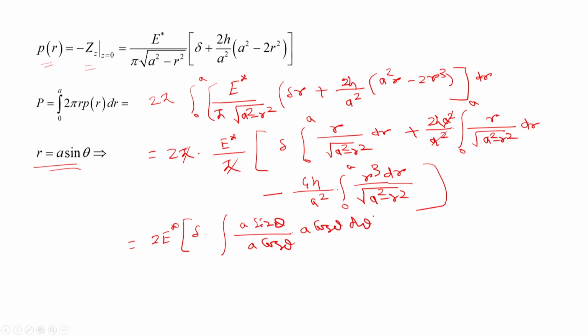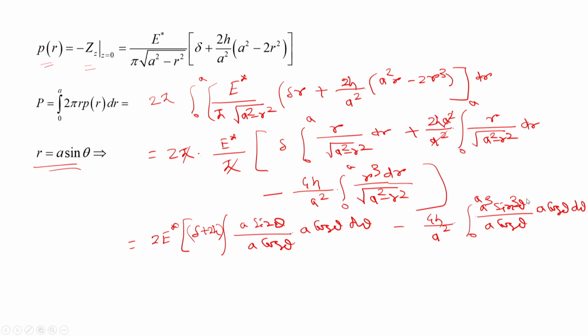Now this is delta plus 2h together, because I do not need to do it twice, minus 4h by a square, and here it is 0 to a. So here it is a cos theta d theta, and r cube is a cube sine cube theta.